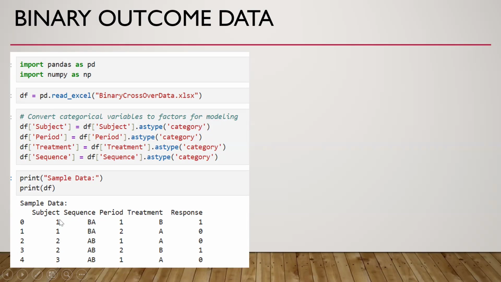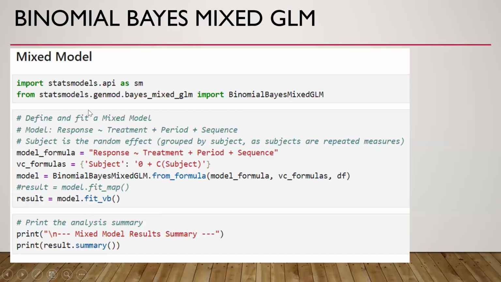So for subject 1 in sequence BA with treatment B, the response is 1, and with treatment A in another period, the response is 0. This is for subject 1. Then similarly for subject 2. This is how the data is arranged. And we used the statsmodels package of Python.